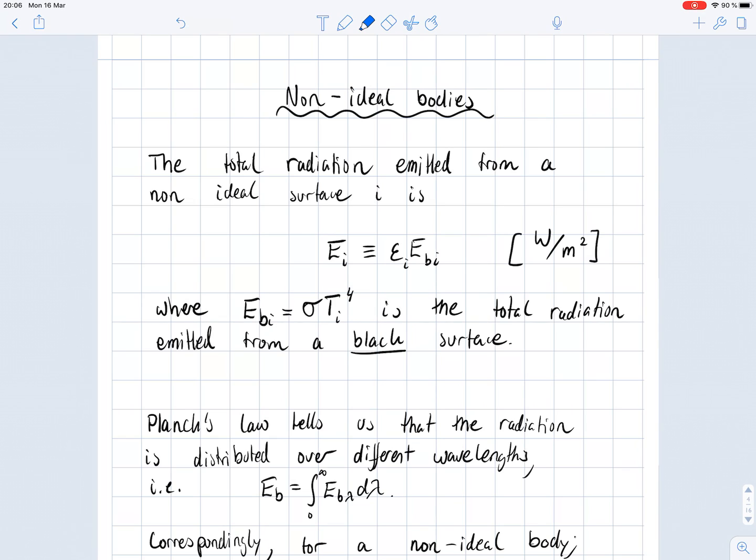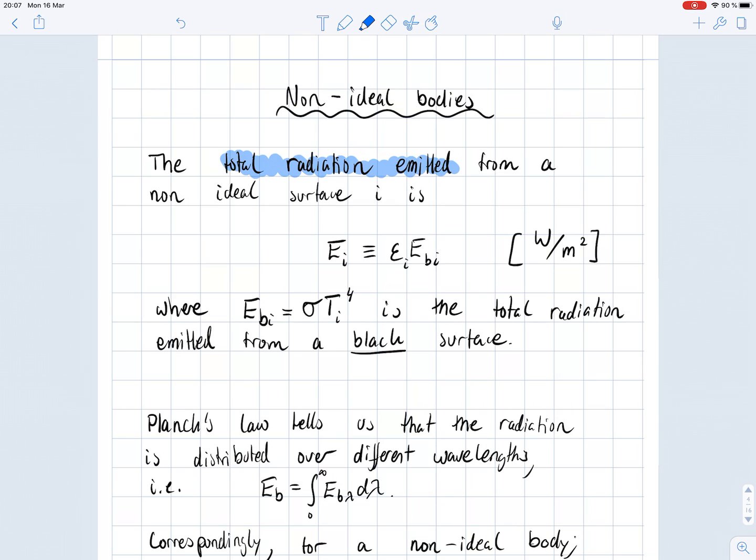So we will use these parameters to describe how the mathematical formulas for radiation emission will be. Particularly, we will start with the total emitted radiation.